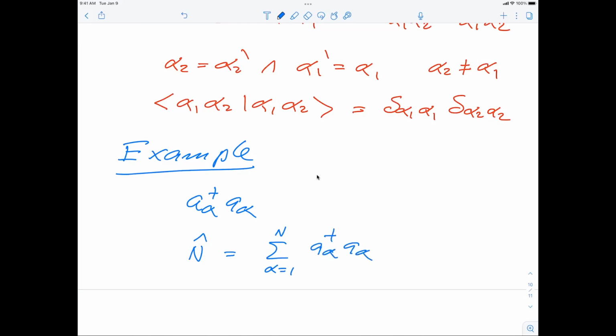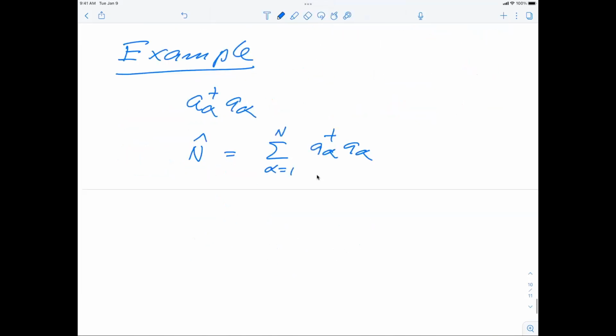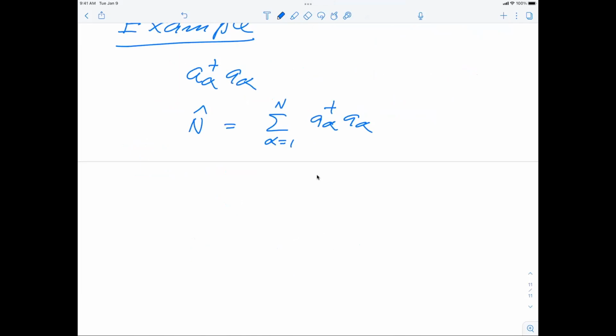Now this operator has some specific properties. So let's look at a given state. We have a state which we define as |alpha_1, alpha_2, up to alpha_n>. That's the state we are looking at.